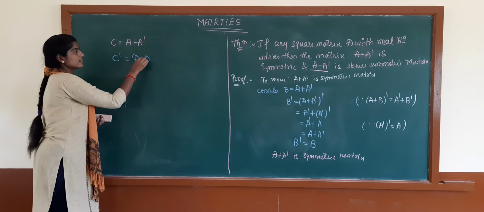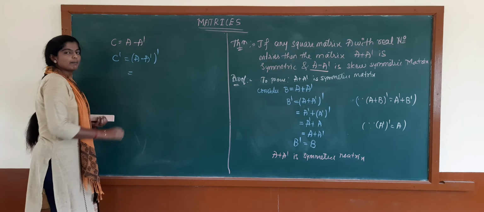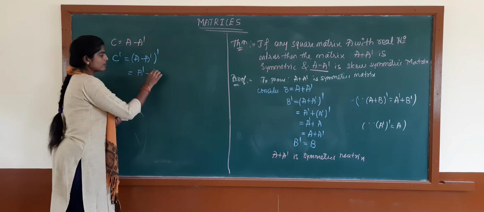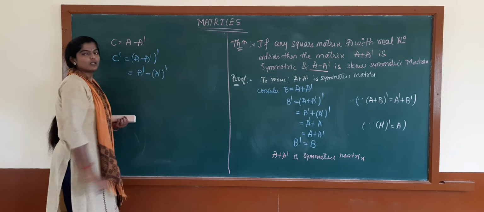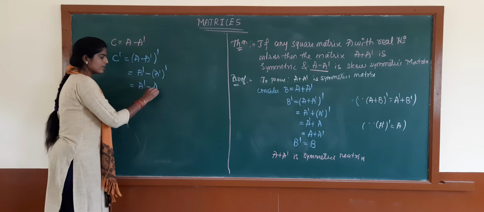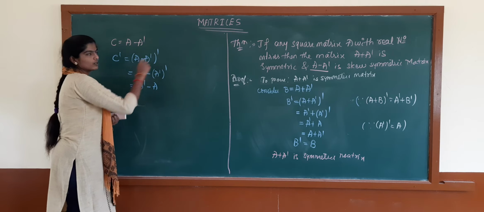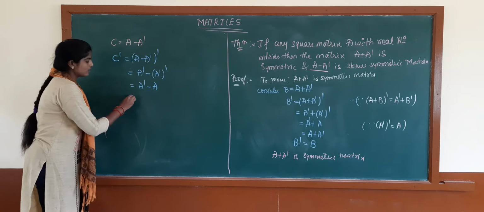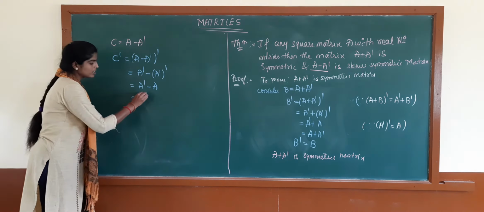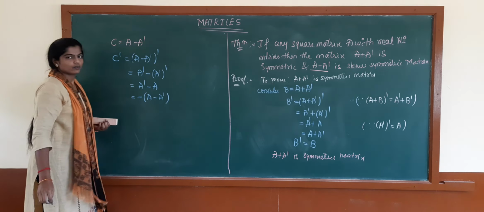Similarly for A minus A transpose, taking its transpose: A minus A transpose whole transpose. Applying the property again, we have A transpose minus the transpose of A transpose, which gives A transpose minus A, because the transpose of a transpose is A. Taking minus common, we have minus of A minus A transpose.